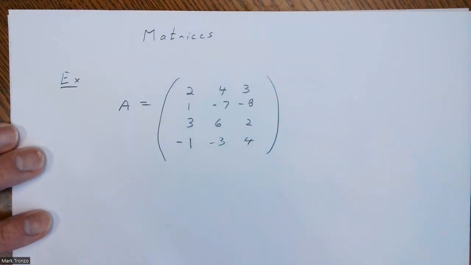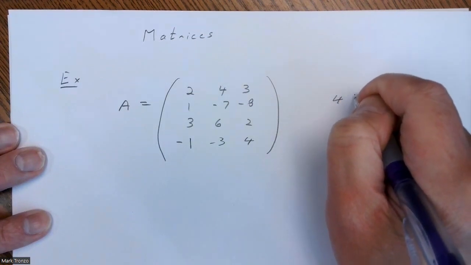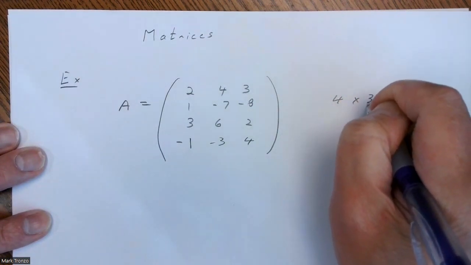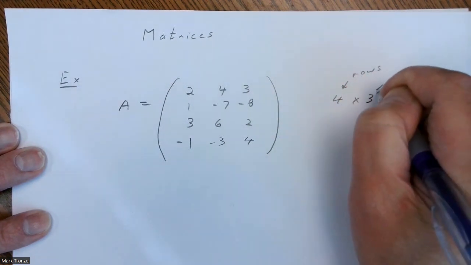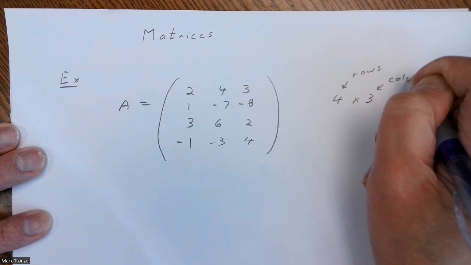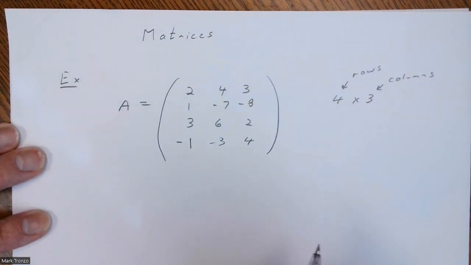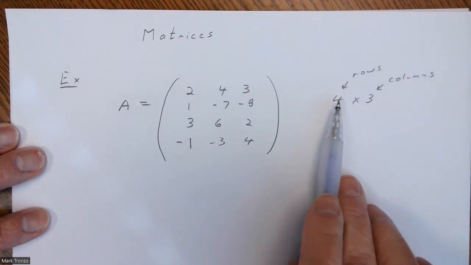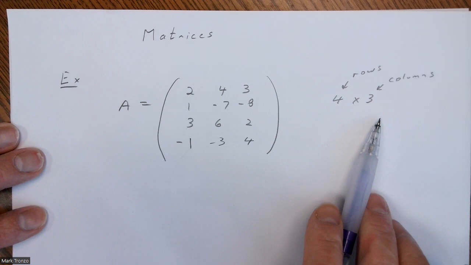So this is a matrix. It has 4 rows by 3 columns. And again, it's always described by the number of rows first and number of columns second.